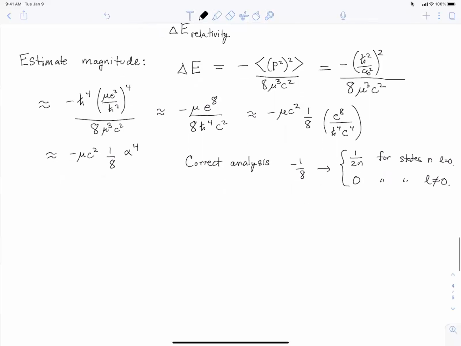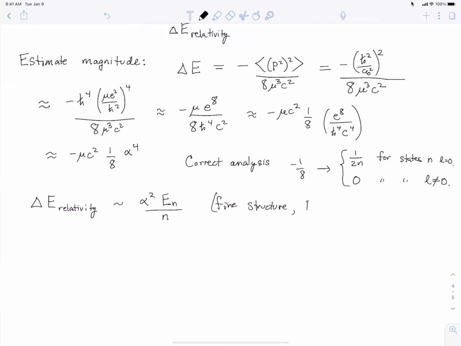And so putting it together, when you do this correctly, the change in the energy coming from relativity, at least the powers of fine structure constant were correct. And so this goes like fine structure constant squared times the energy of the state divided by n. Okay, and this is known as fine structure because it's small.